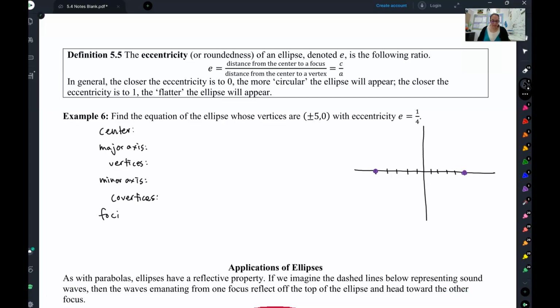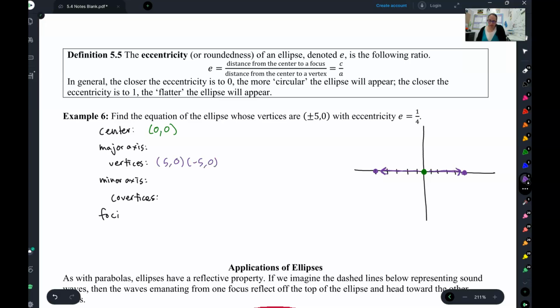From just this information, I know where my center's at. Center's at the origin. That's always easy. I know that my major axis is right here because we called these points vertices, not co-vertices. So these vertices are 5, 0 and negative 5, 0, which gives me a major axis of 5 long at this line, which is y equals 0.